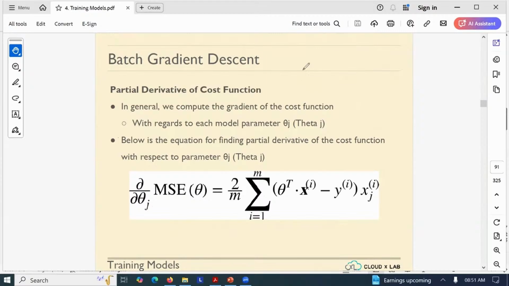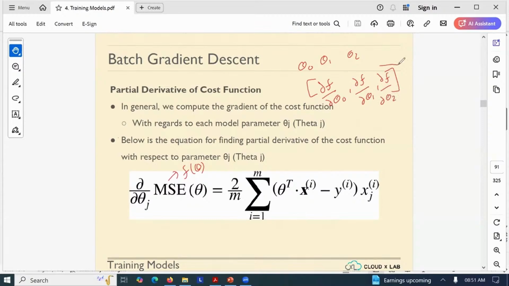Yes. So if we have, let's say, three thetas, theta 0, theta 1, theta 2, then we need to compute a gradient vector, right? Let's say the MSE function is f of theta. We need to compute del f by del theta 0, del f by del theta 1, and partially differentiate this function with respect to theta 2, right?